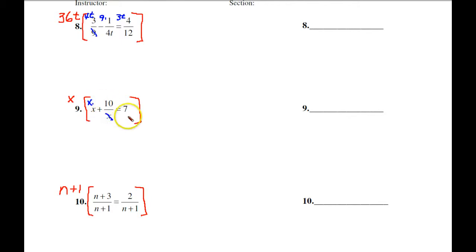Here the x's cancel out, and here we get 7x. Now here both of these cancel out, and we are just left with n plus 3 equals 2. And let's just finish these up here. This is going to be x squared plus 10 equals 7x. That looks like a quadratic. We have to put it in standard form to factor it. This becomes a negative x, putting it in order.